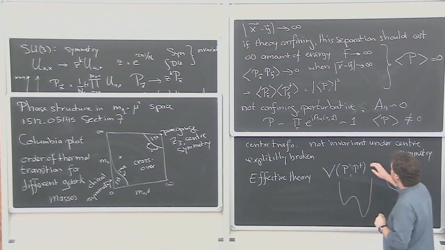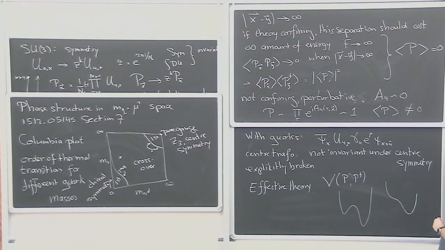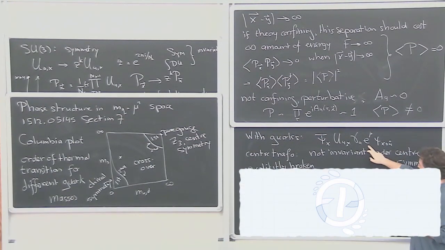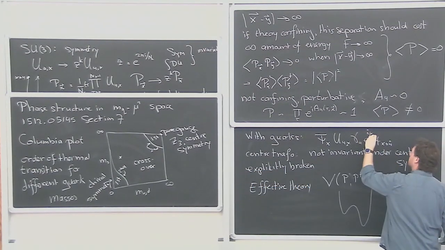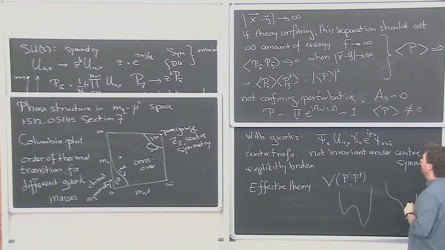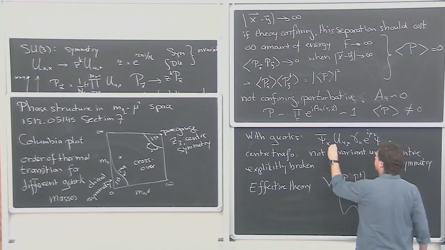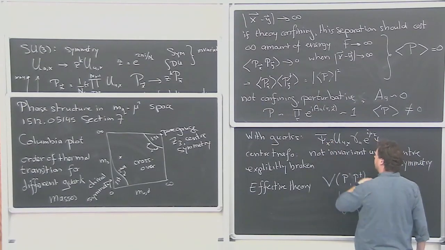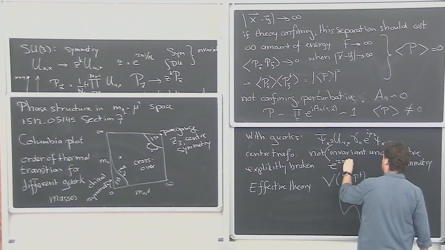Okay, so now with fermions the theory is no longer invariant, but actually we can see already something here. That's why I put the chemical potential here. Suppose now I make the chemical potential imaginary, so let's put an i here. And I have this phase z that I multiply this link with, which is e to the 2 pi i over n.